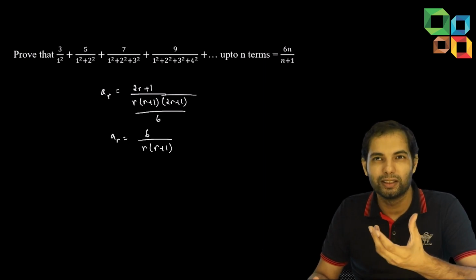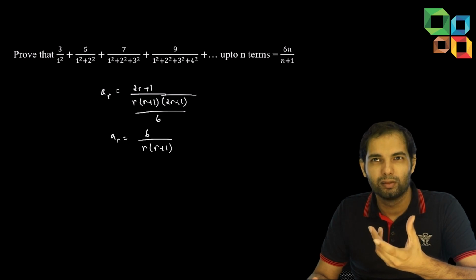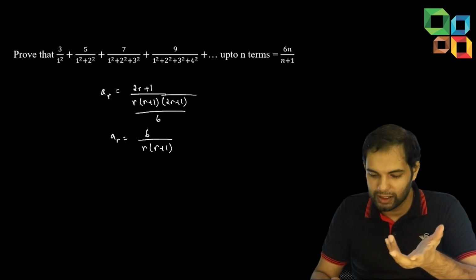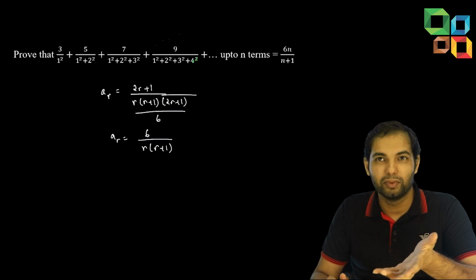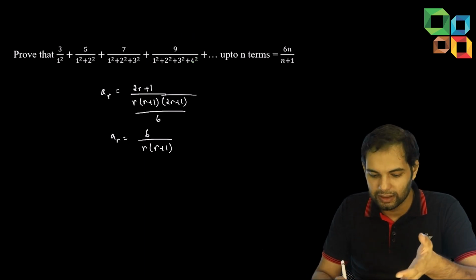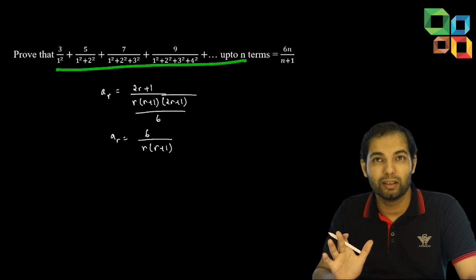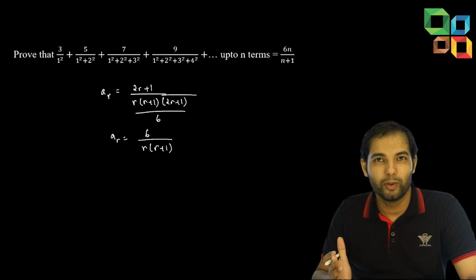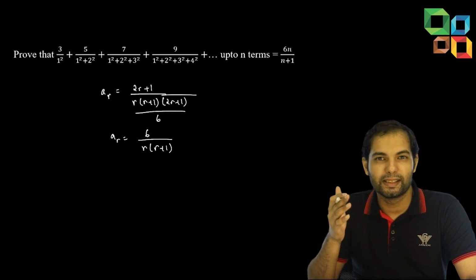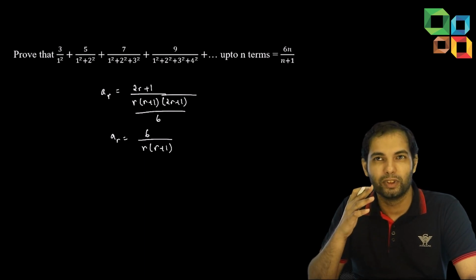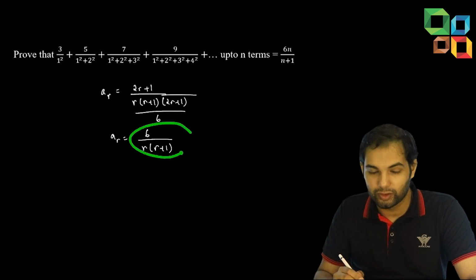We just found out one of the terms, isn't it? We didn't find anything. We are just generalizing the term right now. We didn't even find the sum. What is asked? We have to prove that this sum is 6n by n plus 1. What did we get? We just got a general term. For example, if you want to find Sn, we just found an right now, isn't it? One of the terms, which is of this form.